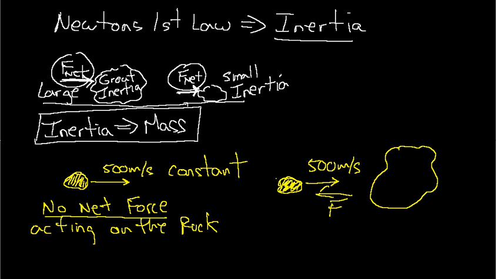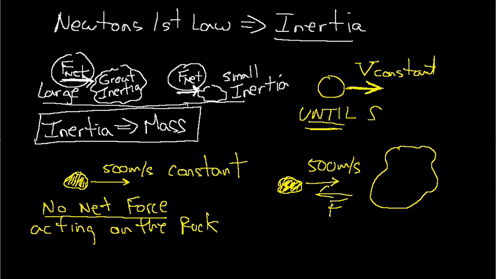And that, again, is a property of inertia: once something's in a state of motion, it wants to stay that way. Say, I'll draw something here, it's moving, and this is its velocity v. It wants to stay with a constant velocity. It doesn't want to slow down. It doesn't want to speed up. It wants to keep going at a constant velocity without changing its direction until some net force acts on it.